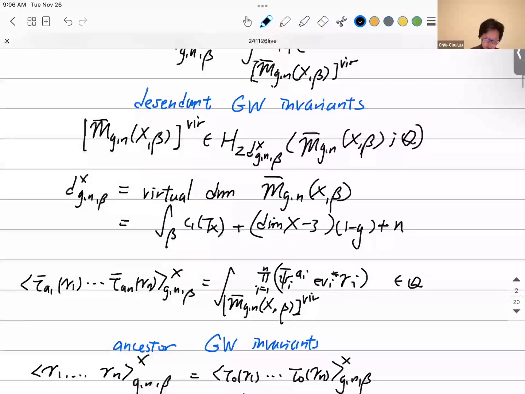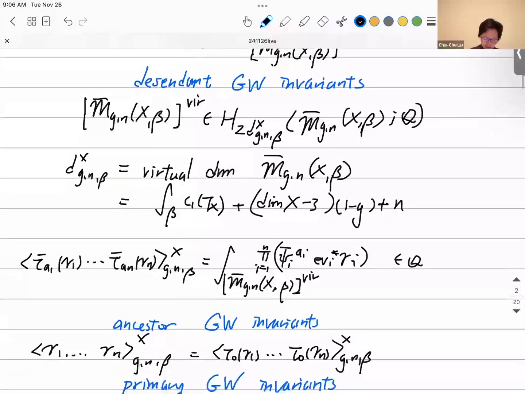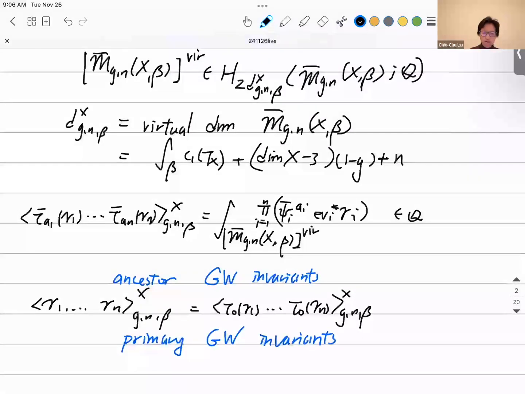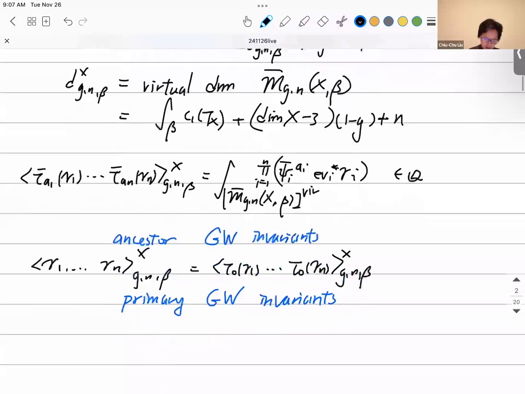In particular, if we don't have any psi classes, these are known as the primary Gromov-Witten invariants. I think this is the last thing we did last time, where we introduced these invariants.